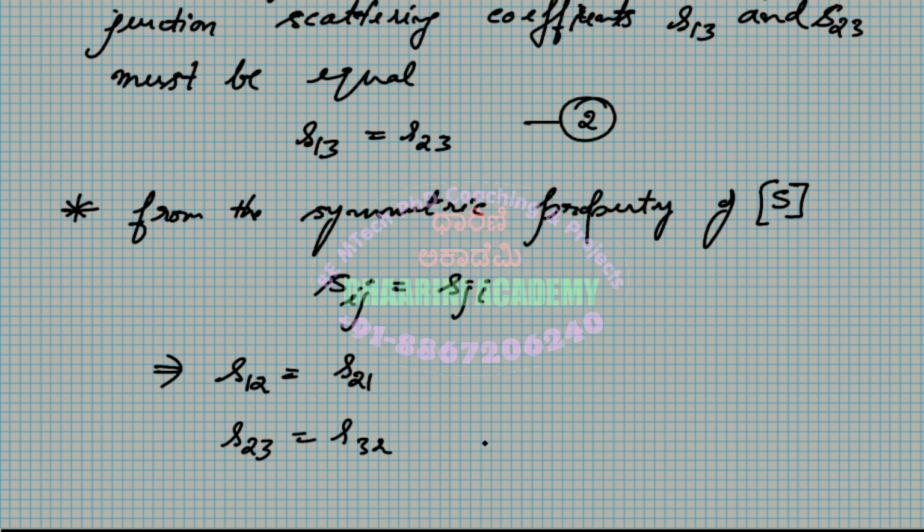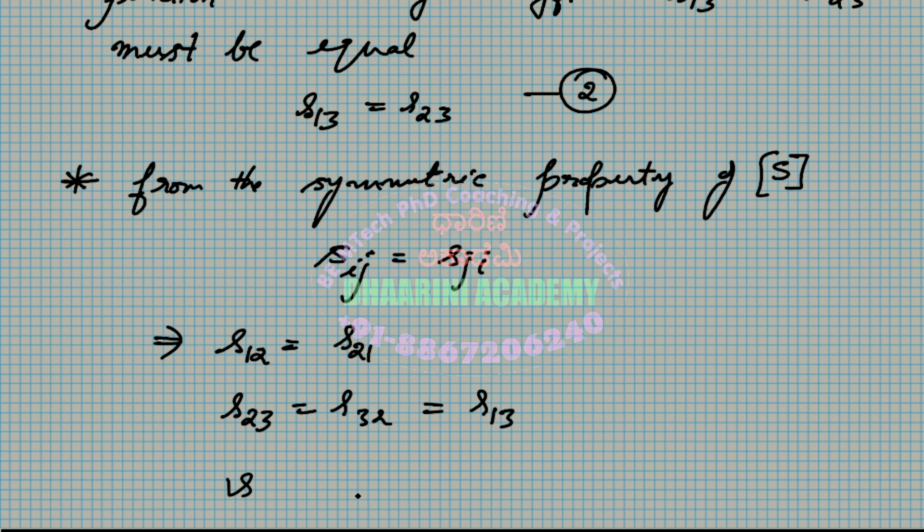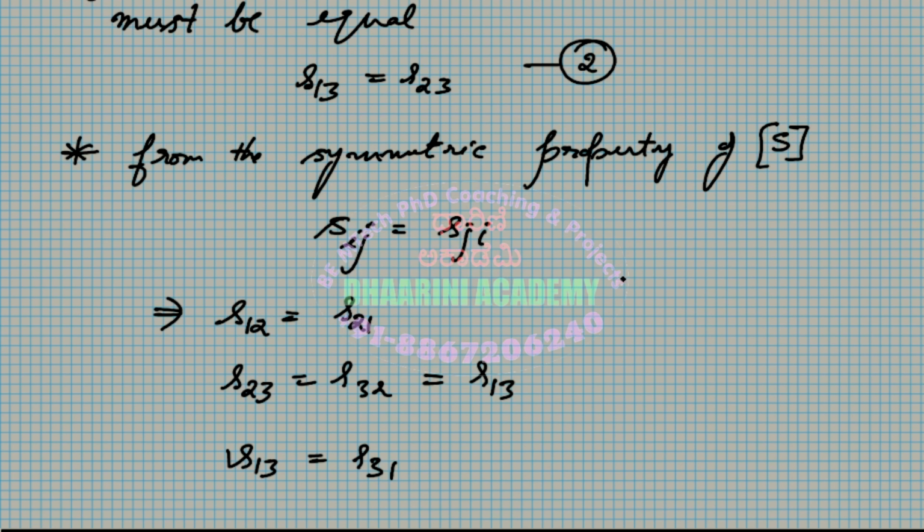Using equation number 2, S13 and S31 are also the same. So the whole S matrix can be written only in terms of S11, S22, S12 and S13. Let me call this equation number 3.